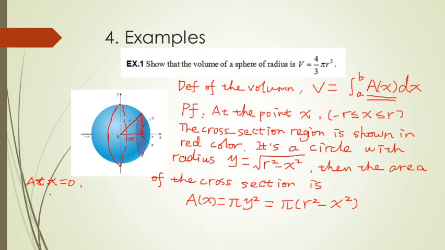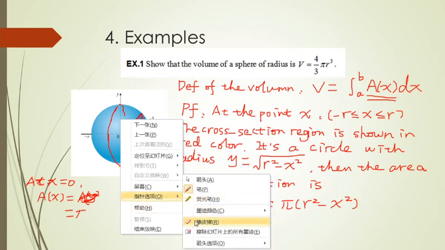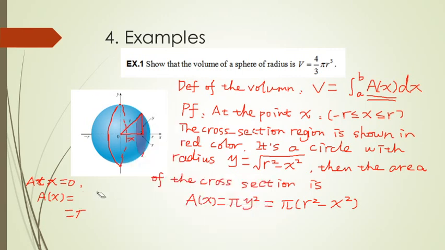So when x equals 0, you can get your A(x), which is pi y squared. Sorry, it's pi y squared. It's a circle, right? The area of the circle will be pi y squared.